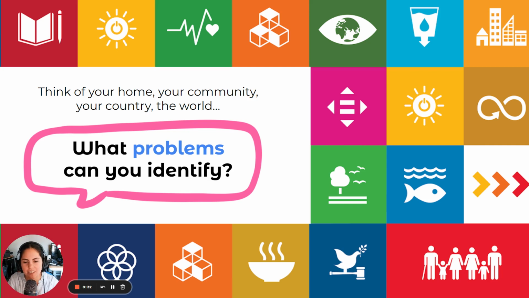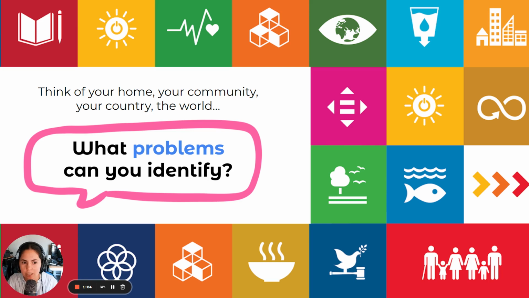Sometimes when we ask this question, we think of really big, huge problems that will hardly be in our hands to solve. But we can start with smaller things to create a big impact. So instead of those big huge problems, think of things that you care about, that are close to you, people that you know.